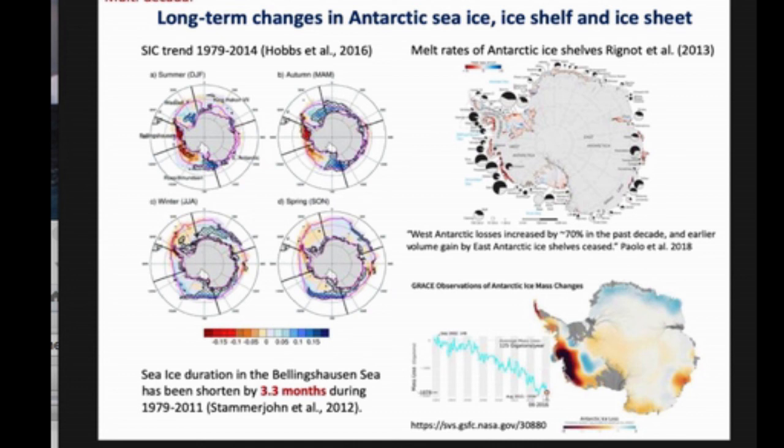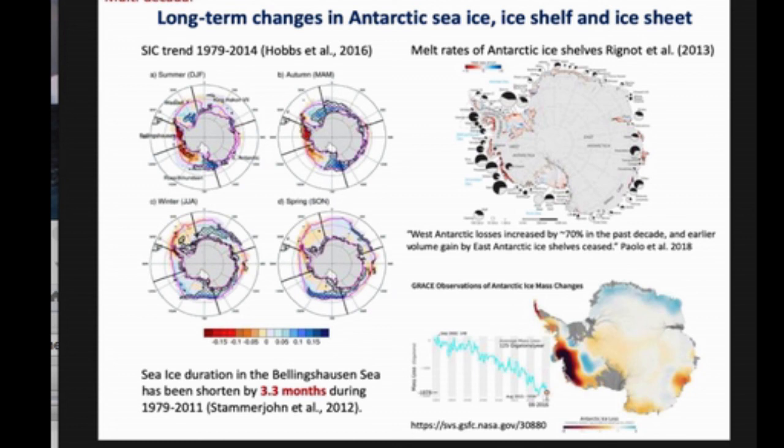She found in the Bellingshausen Sea, the ice cover season shortened by 3.3 months from 1979 to 2011, for that pure satellite period. That's a very significant reduction.